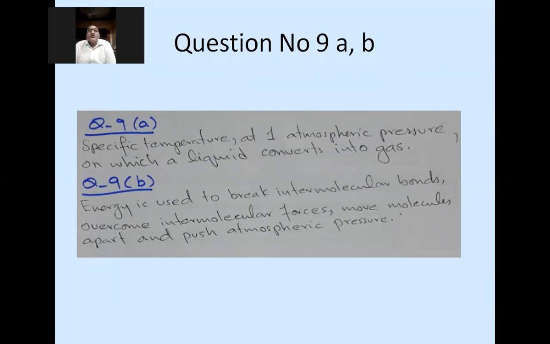Energy is used to break the intermolecular bonds, overcome intermolecular forces, move molecules apart, and push against atmospheric pressure. The atmospheric pressure is trying to keep the gas molecules inside that body, but you have to work against the atmospheric pressure.